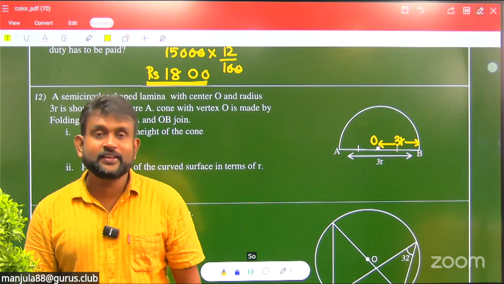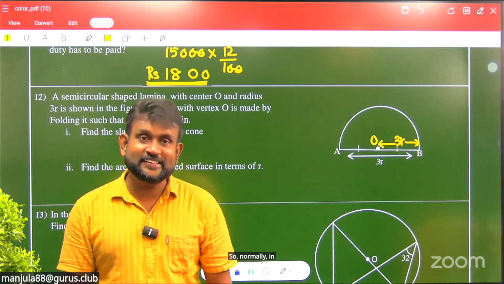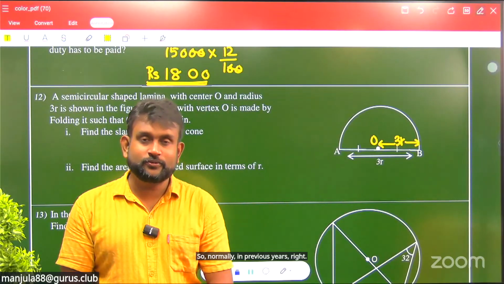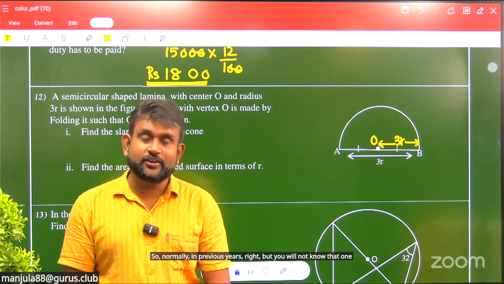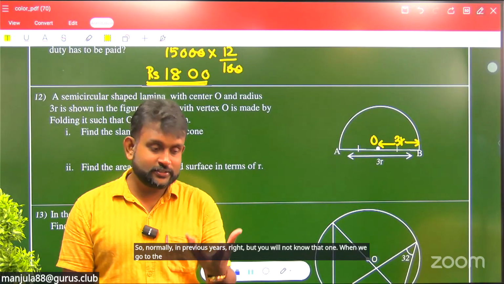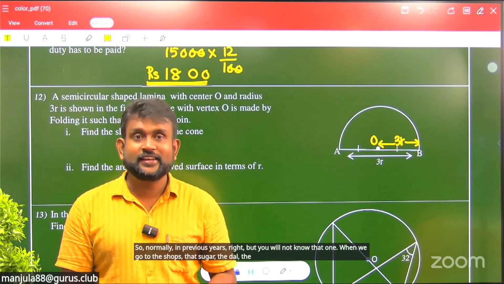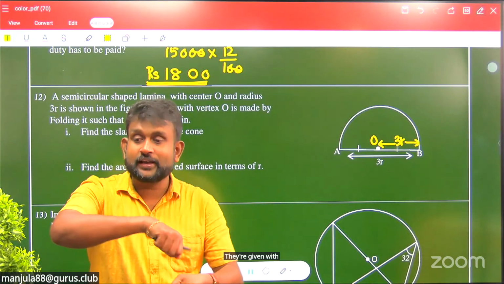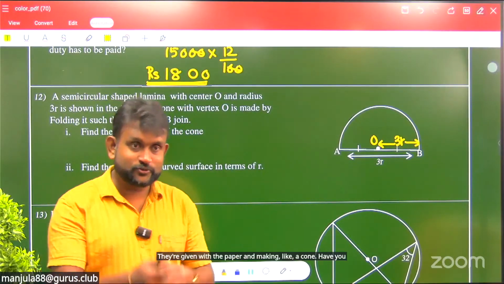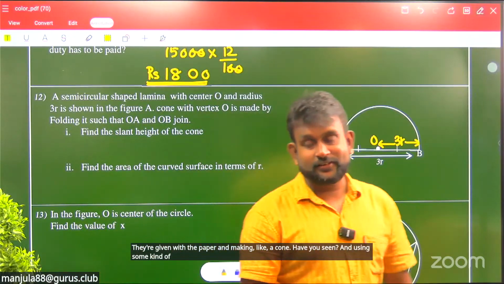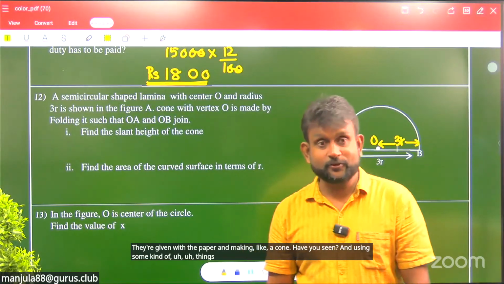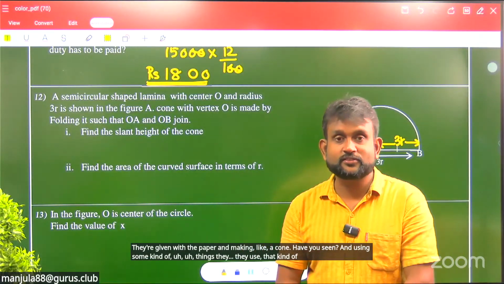Normally in previous years, when we go to the shops, the sugar, the dal, the rice are given in paper made into a cone, instead of a shopping bag.